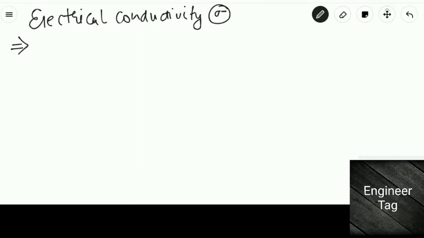So according to Maxwell-Boltzmann statistics and kinetic theory of gases, because we are considering an electron gas, their velocity will be given by the kinetic theory of gases.